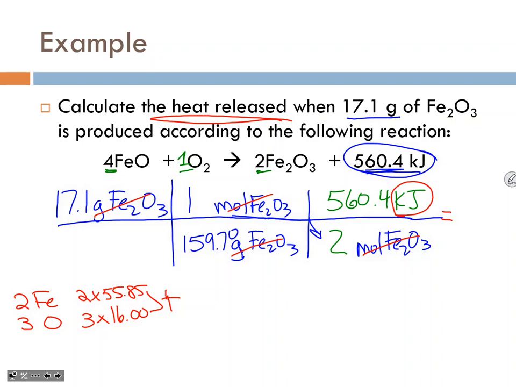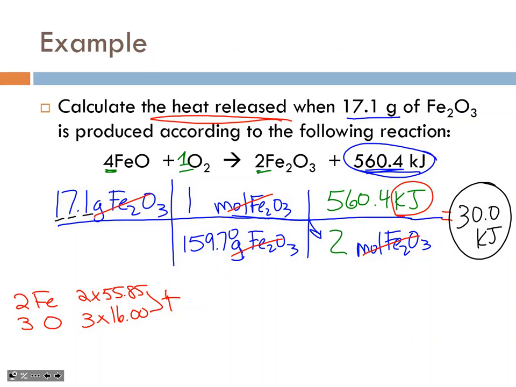Anyone? 30, that's correct. It's 30.0 on the nose. Don't forget this has 3 significant figures, so we keep 3 in our answer. So 30 kilojoules if 17.1 grams.